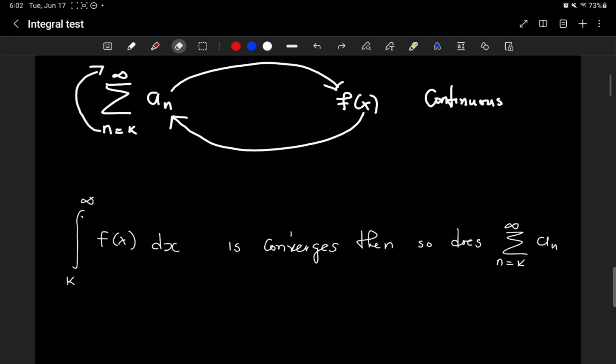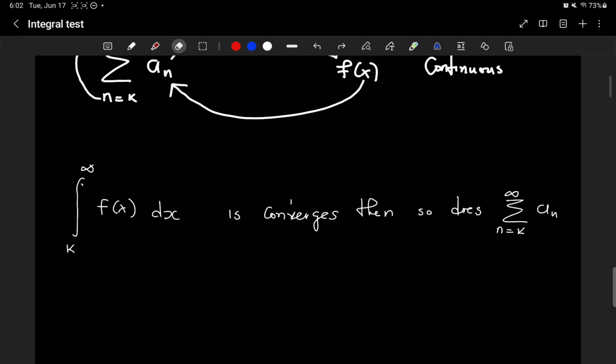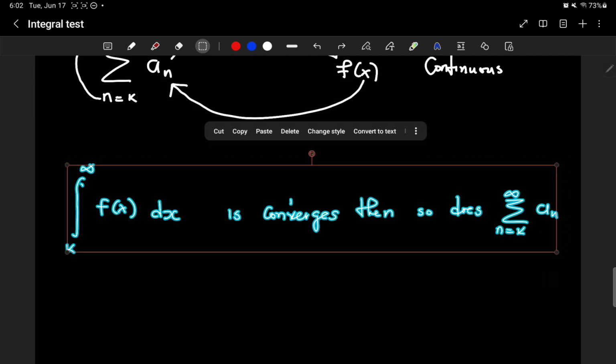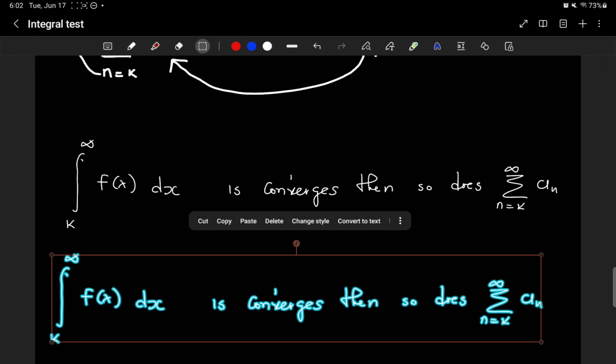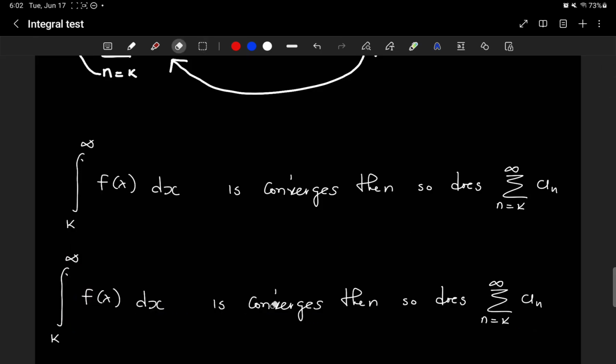When you integrate f of x from k to infinity, if the integral converges, then so does the series also converge. This can also be used to understand divergency. If the integral diverges, then we conclude that so does the series also diverge. So that is if it diverges.